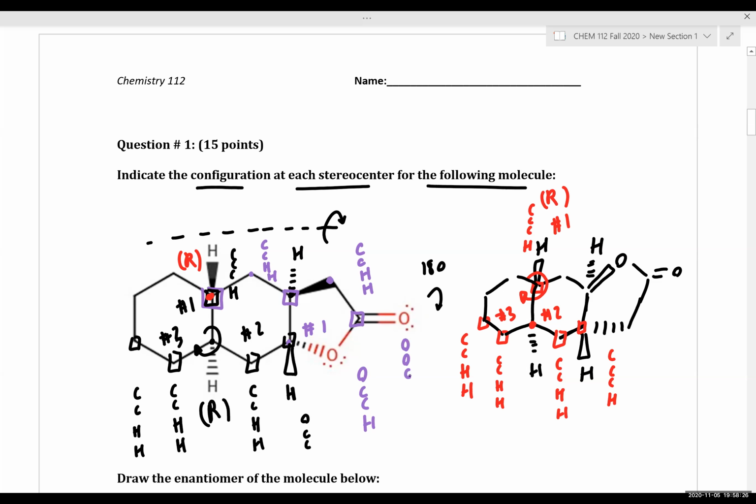So we have 2 oxygens and 2 carbons versus 3 carbons and a hydrogen. What is higher priority, oxygen or carbon? Oxygen. So the group on the right is next highest, and the group on the left is the lowest. We trace from highest to lowest priority, and what would we call this center as we're going counterclockwise from priority 1 to 3? That center would be S. Does that make sense to everyone?